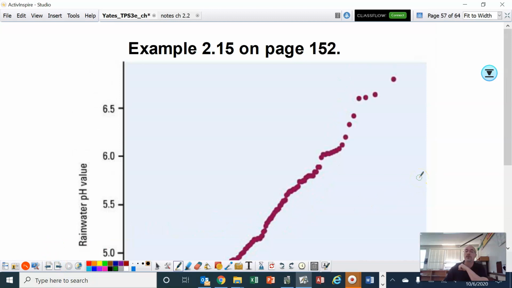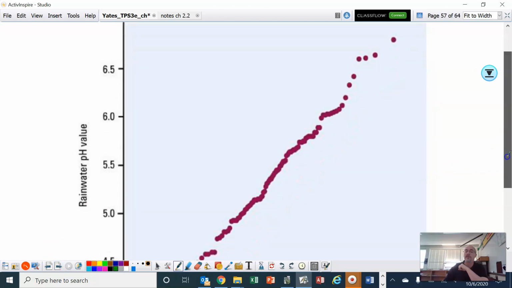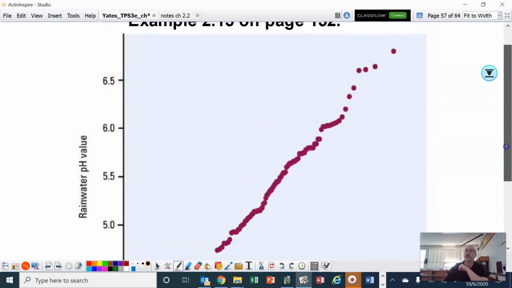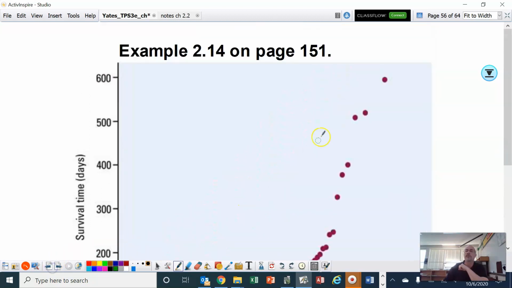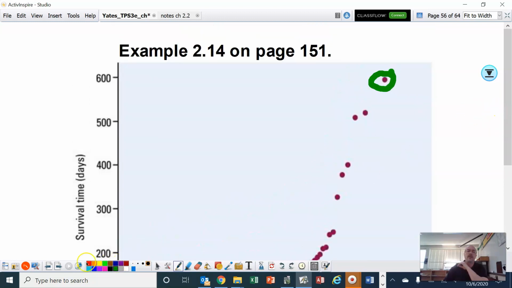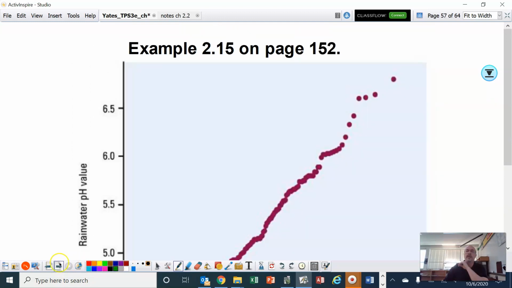Here's example 2.15 on page 152. That one definitely looks pretty linear, folks. Let me go back to this one over here quick. It looks like these might be possible outliers for 2.14. So you can also see if maybe something looks like an outlier. Just want to point that out.